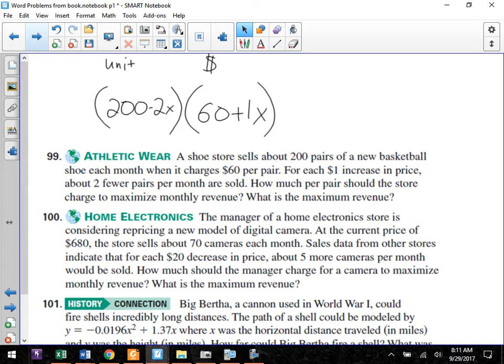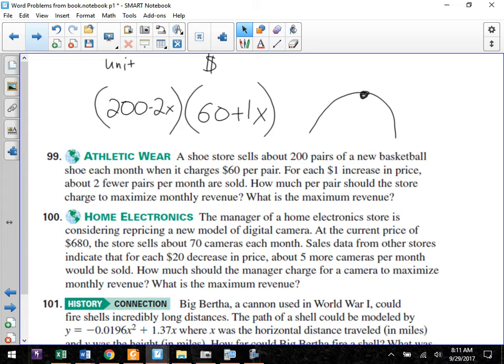Now, if you did FOIL that out, your A value would be negative, which means the function would look like this, and your vertex would be a maximum.